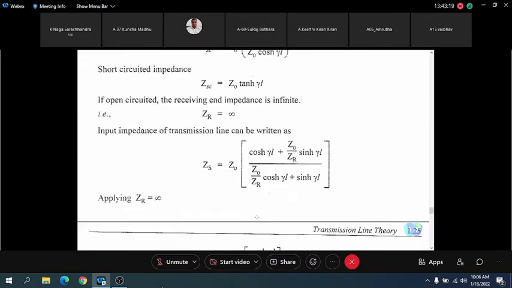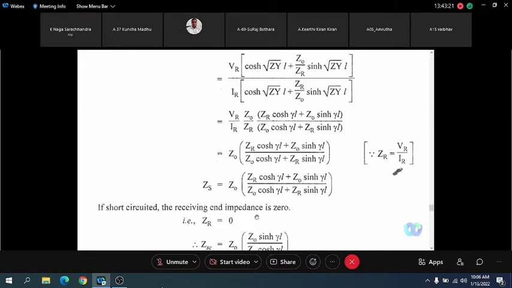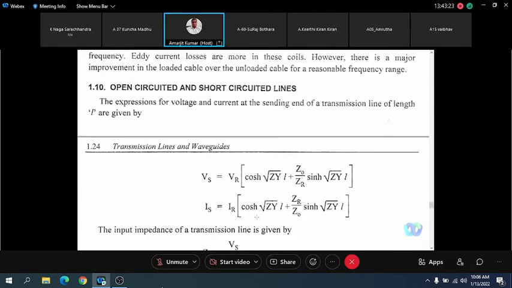Next we have open circuited and short circuited transmission lines. So what was the input impedance? If you remember the hyperbolic transmission line equation for voltage and current, what is the voltage and current at the source?